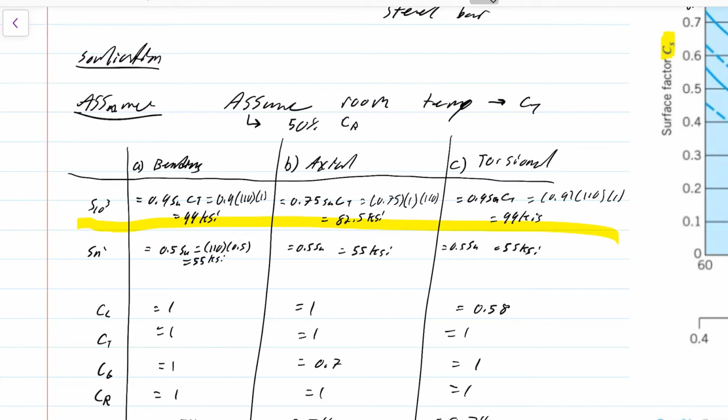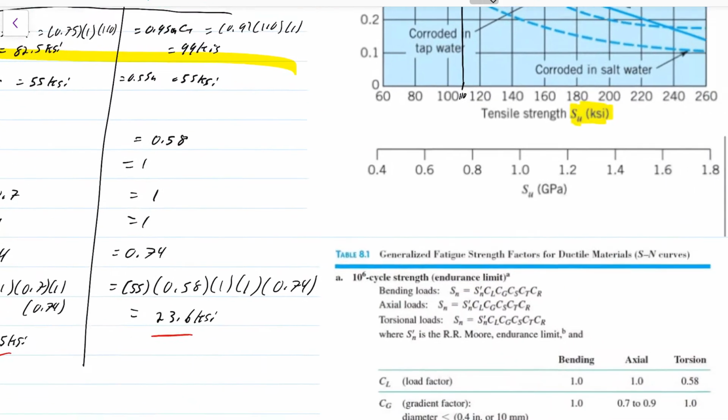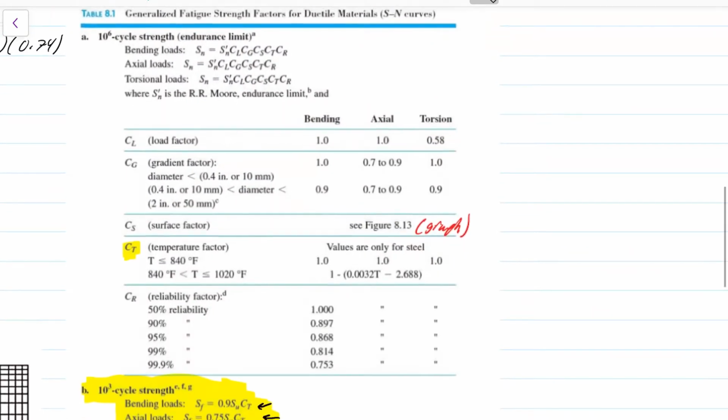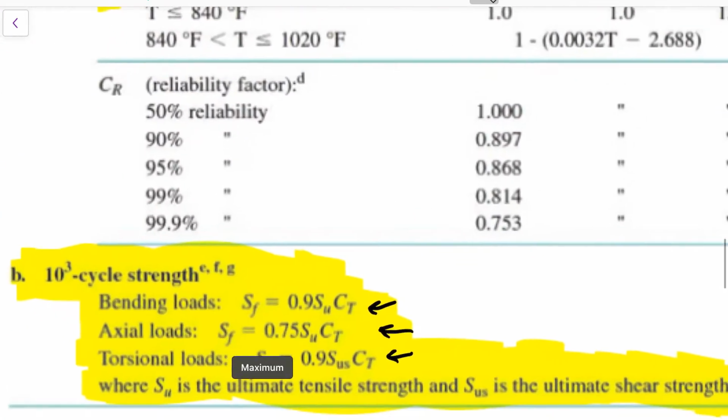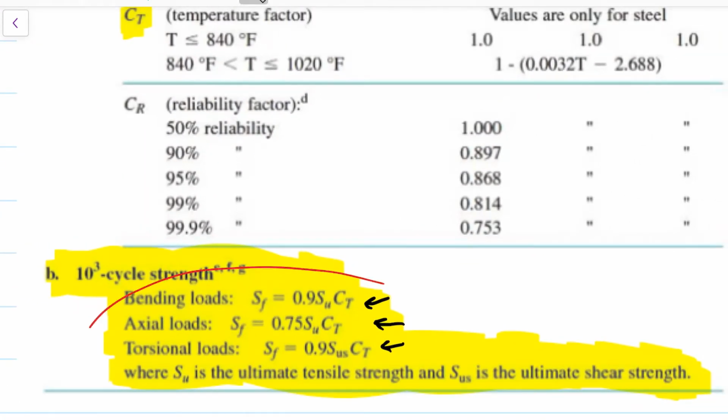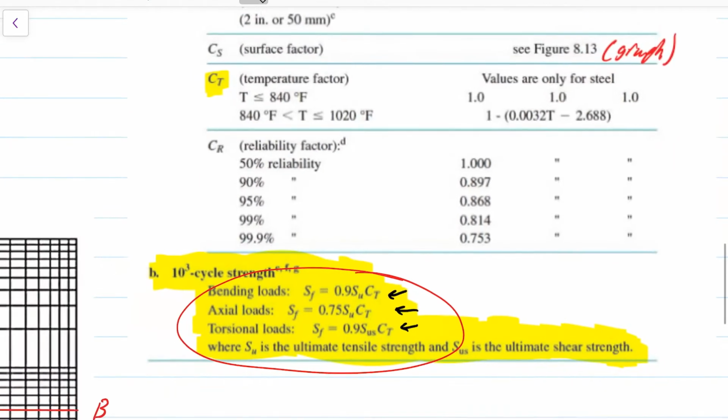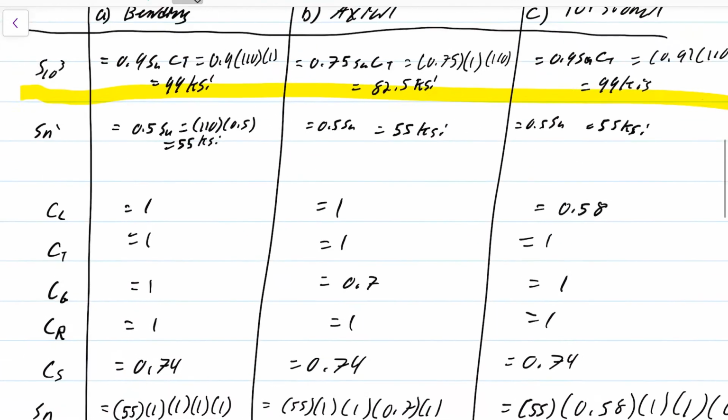The first thing we're going to look at is S10 to the 3, and we get this from looking at this table over here. Right down here we can see these three: the bending, the axial, and torsional loads. We can see that it's 0.9 SU CT, 0.75 and 0.9 for the three of them.